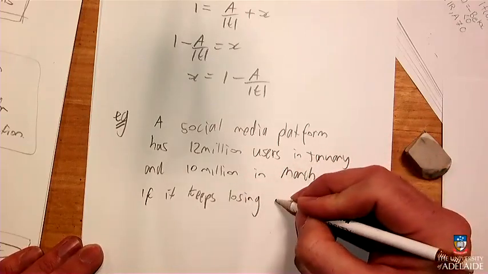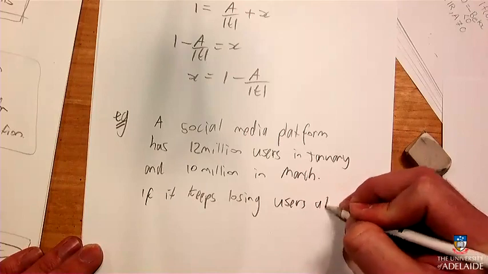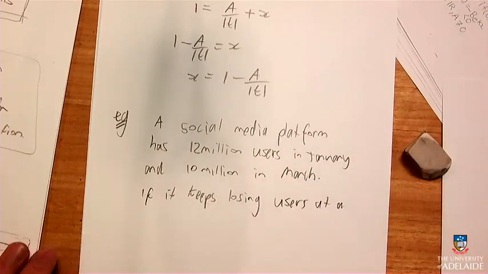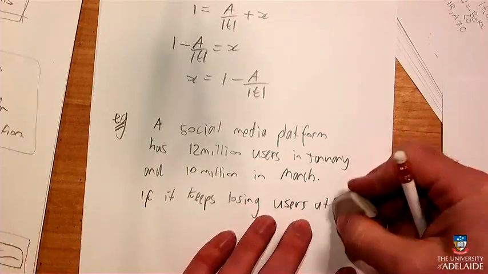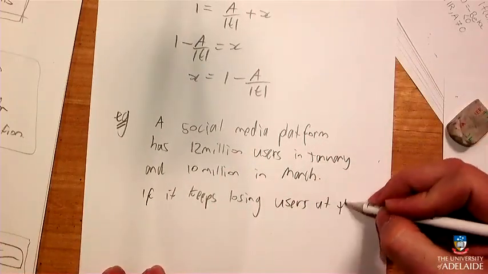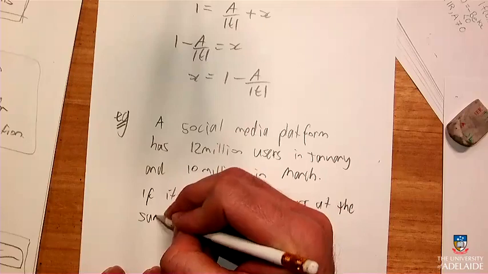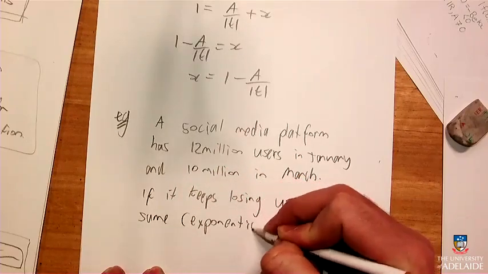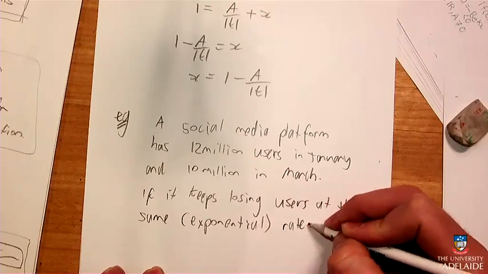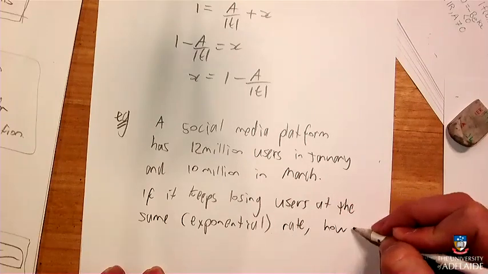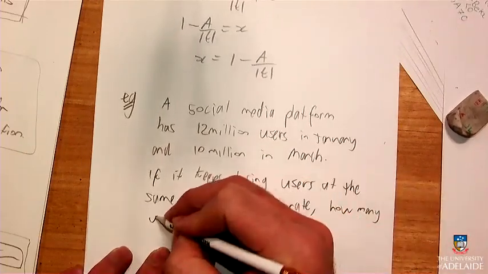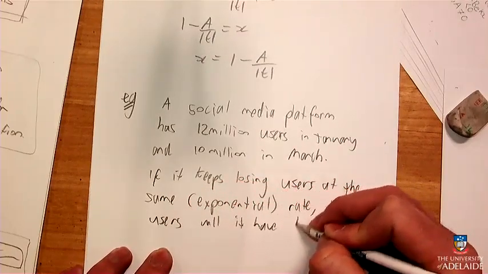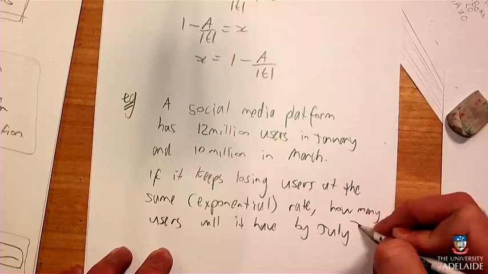If it keeps losing users via an exponential decay at the same exponential rate, how many users will it have by July? That's a good question.